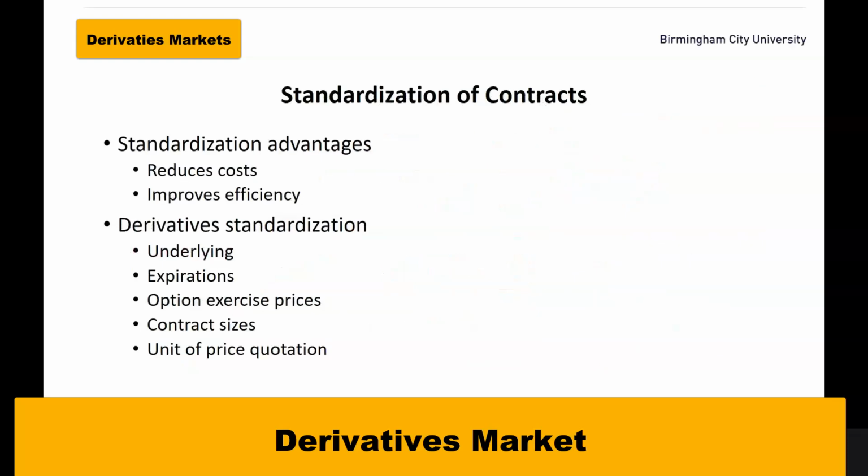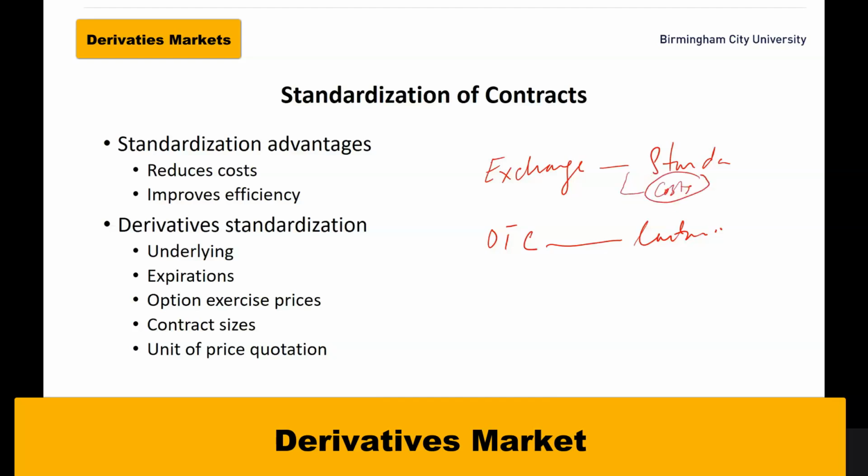Next, we have standardization of contracts. As we know, there are two types of markets: the exchange market and the OTC market. The exchange market is standardized and the OTC market is customized. The advantage of standardization, particularly for derivatives, is that it helps reduce cost.